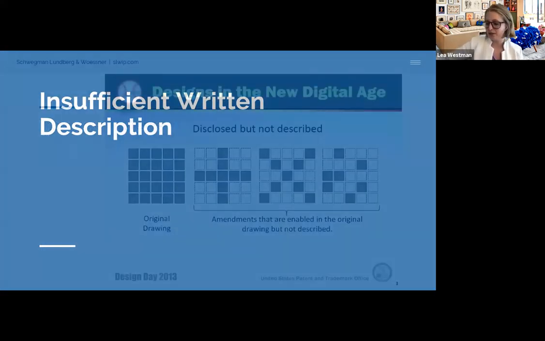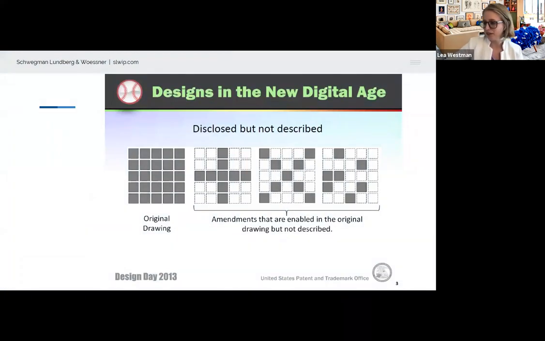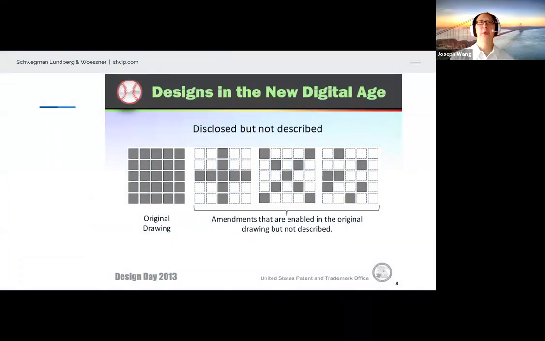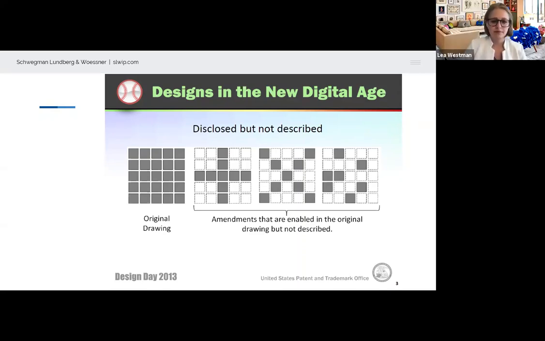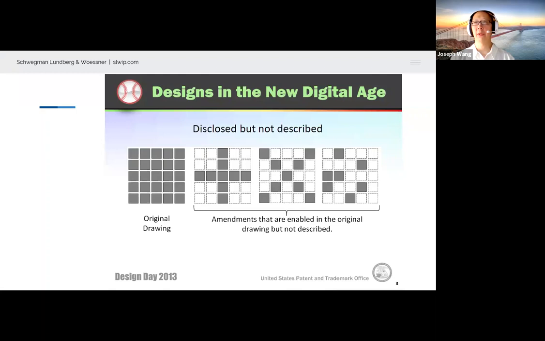So Joe, this is your area of expertise here. Oh, thank you. Just real briefly, the big takeaway here, everybody, is that enablement and written description are separate. You can enable something by putting all the pieces there, like dumping Legos on the floor, for you kids who play with Legos, right? If all the pieces are there, okay, you say the design's enabled.